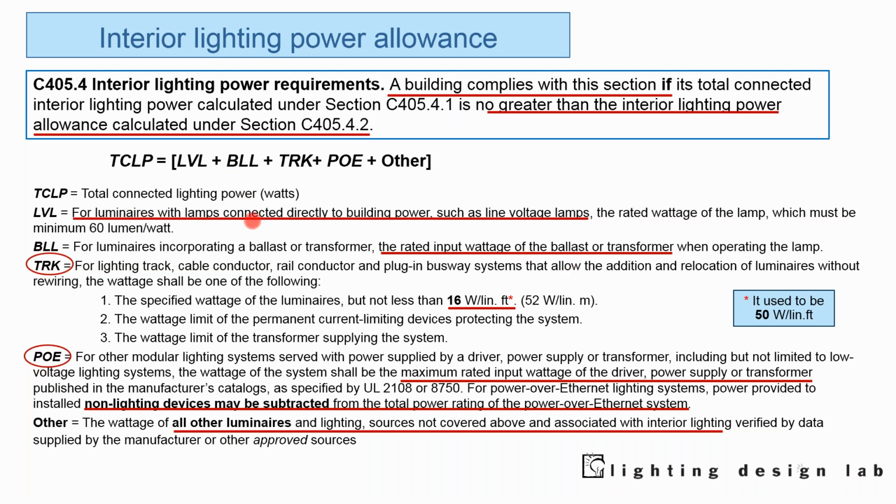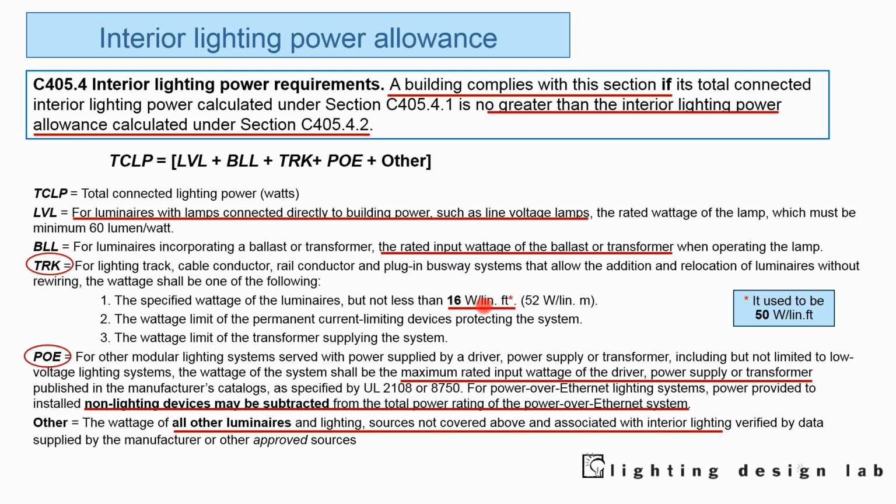For luminaires with lamps connected directly to building power, such as line voltage lamps, we've got the loads for transformers or ballasts, track. So here with track, we look at the watts per linear foot.